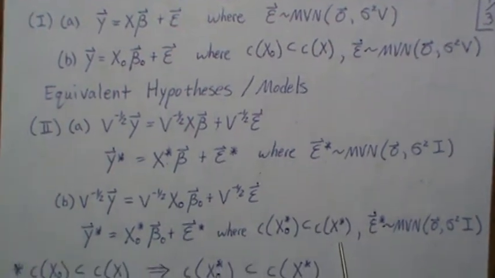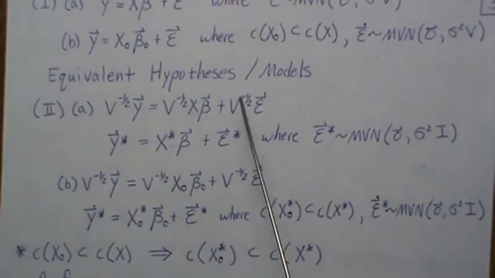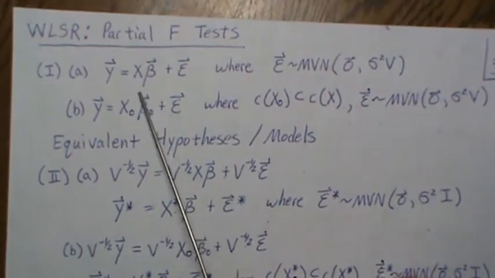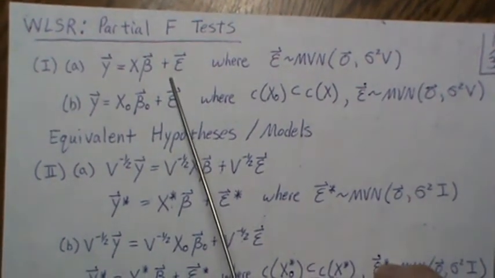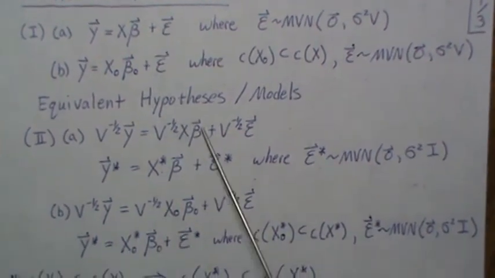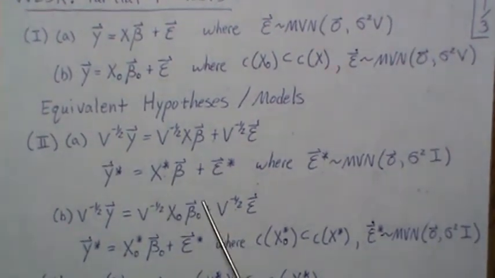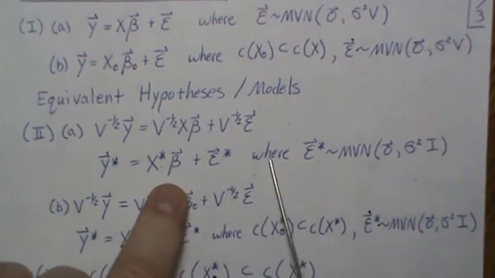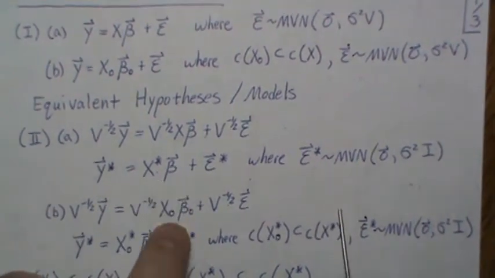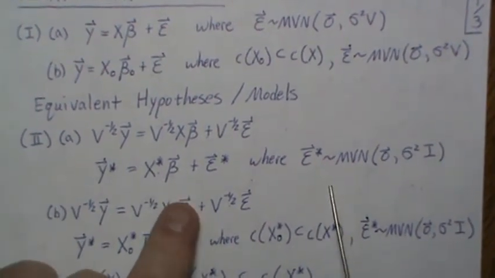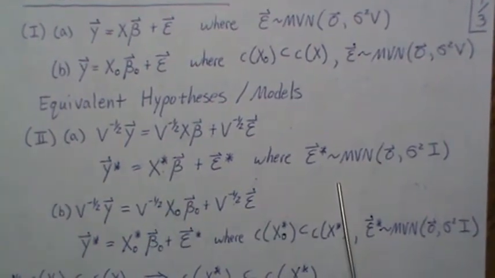Let's examine that. We're in this setting, but somehow we want to use this transformed and simpler model situation. We've already developed partial F-tests for this setting, so if we can get away with it, let's do it. Then it's easy.